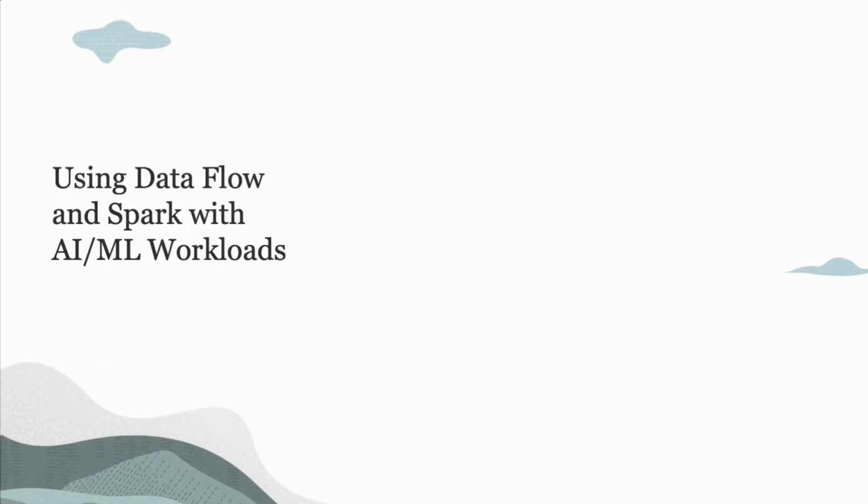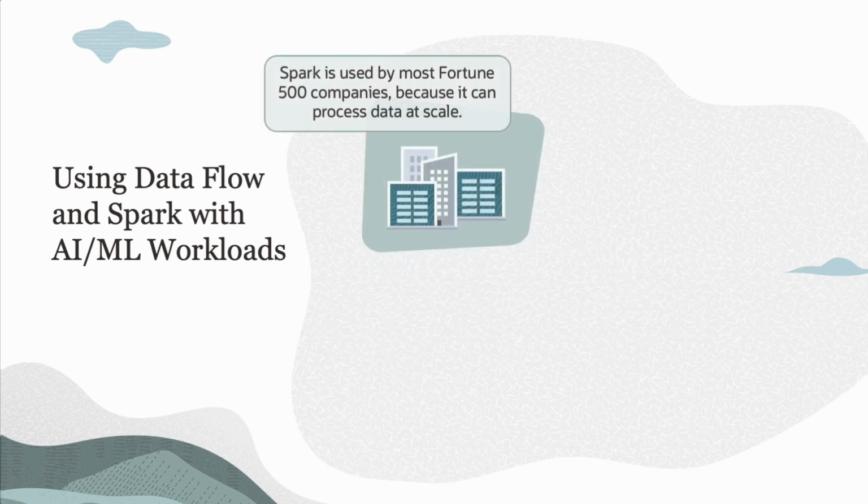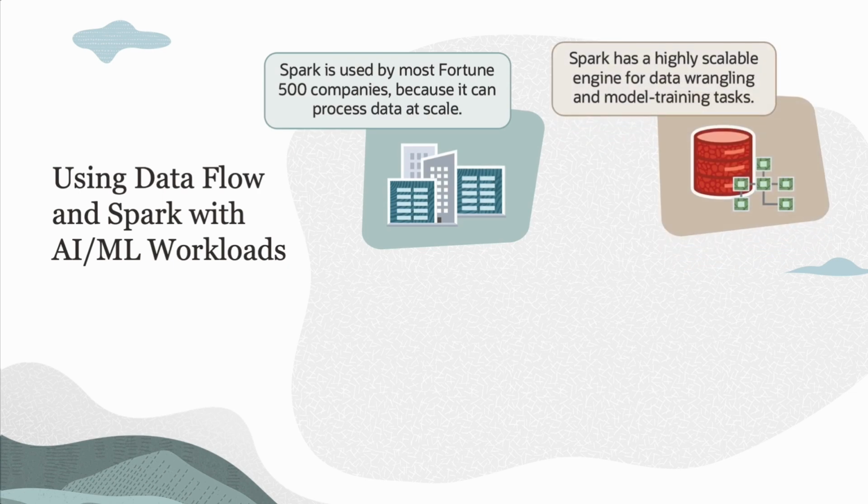Why would you use Spark, and how do these tools really benefit AI and ML workloads? Spark is one of the most popular engines for scalable computing. It is used by most Fortune 500 companies and is often leveraged for AI and ML workloads because it can process data effectively at scale. Spark and Dataflow give you a highly scalable engine to do ETL, so extract, transform, and load work, data processing and feature engineering, and also model training.